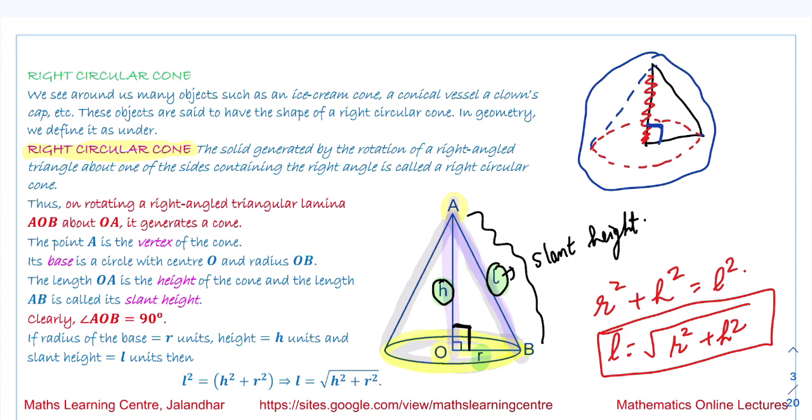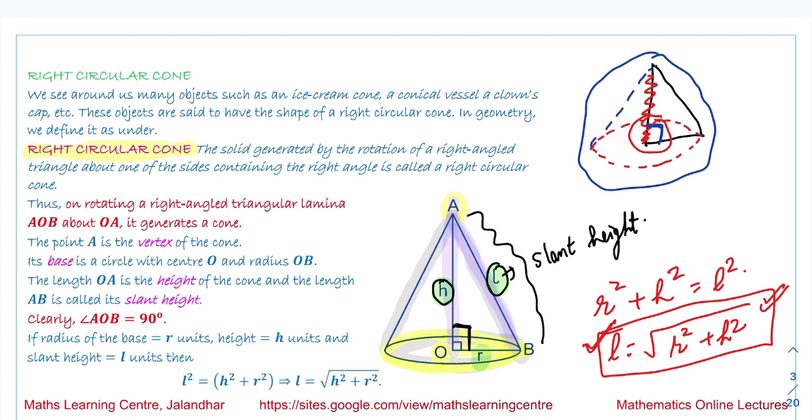In this chapter we are restricted to right circular cones, in which slant height we can calculate using the Pythagoras theorem, that is L is equal to square root of R square plus H square.